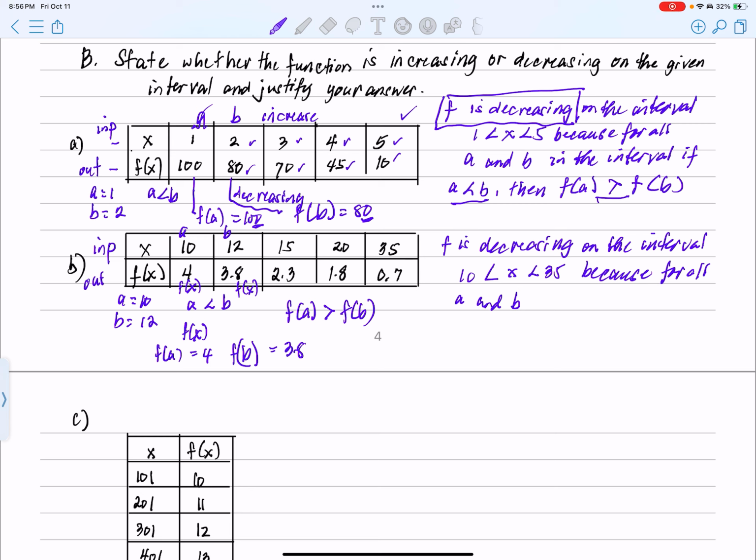So for all A and B in the interval, let's say in our interval here, the A is less than B, that is 10 less than 12.